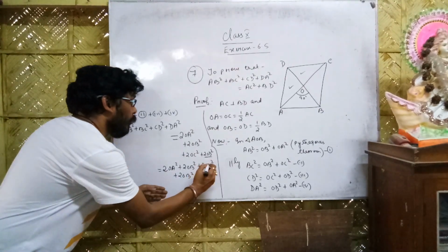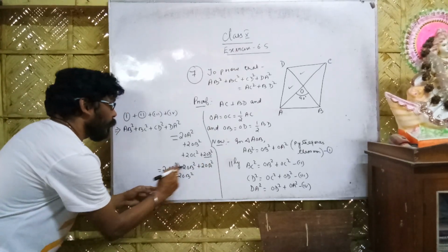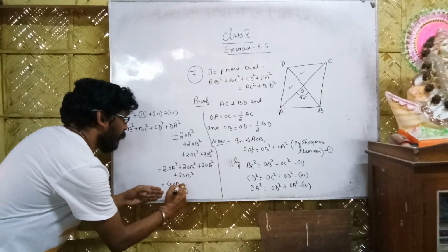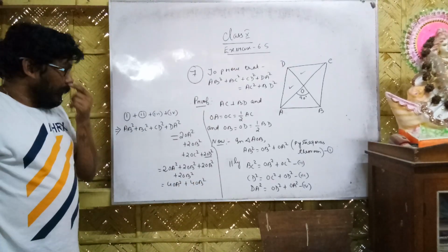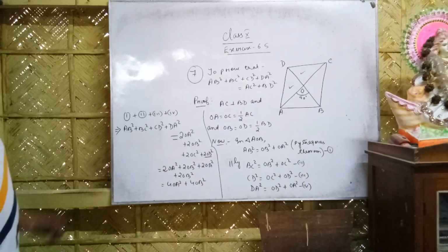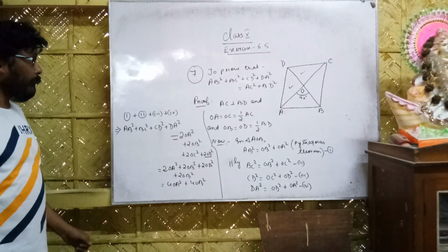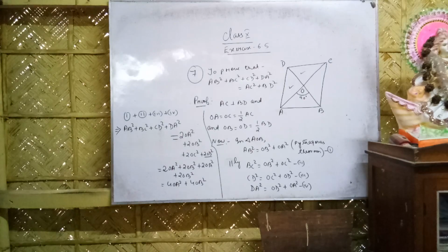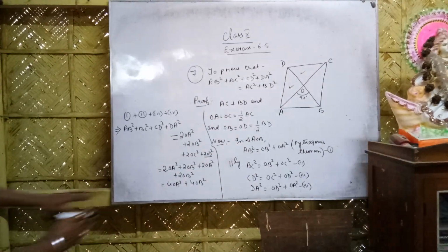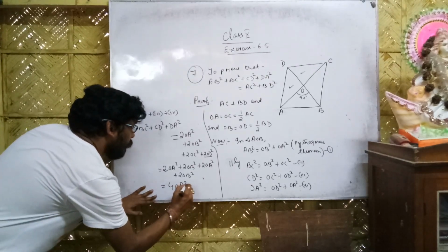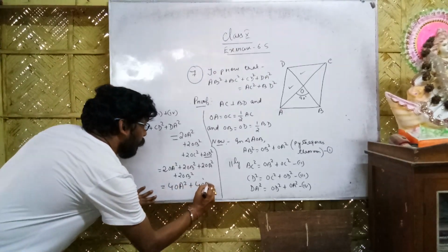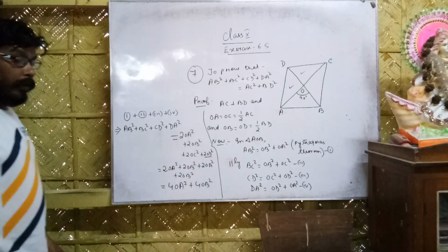So twice OA square plus twice OA square is 4OA square, and here it is 4OB square. So it is 4OA square plus 4OB square.